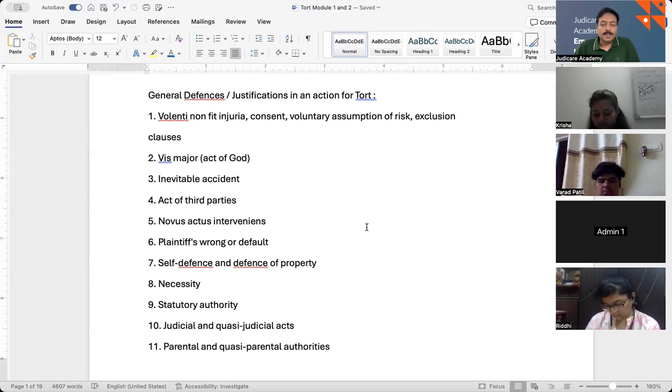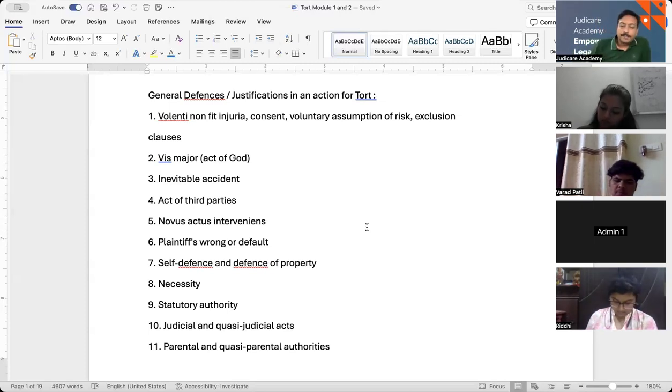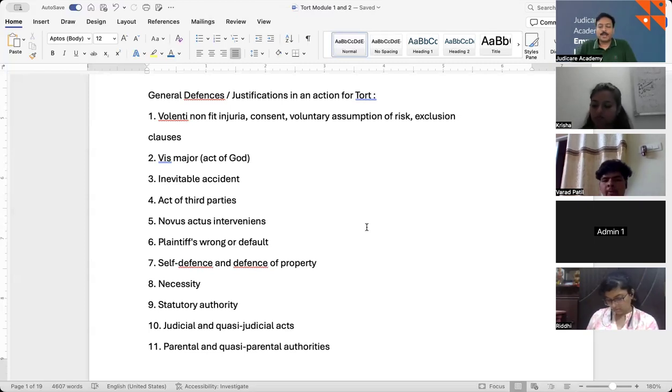Next example is PPS Electrical Service versus NEL 1975. A utility company, a power company, which is called a utility company, water supply, power supply, these are utilities. So utility companies employees damaged private property while repairing a power line under their statutory duties. They were working on a high tension power line, and while repairing it, damaged the private property in between.